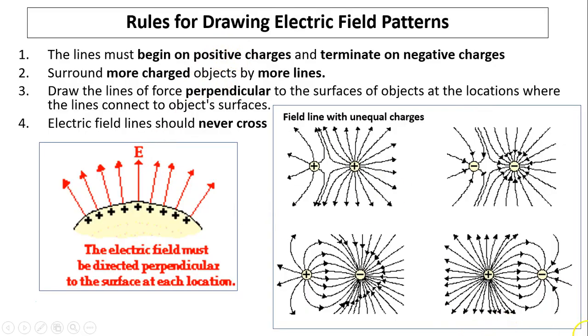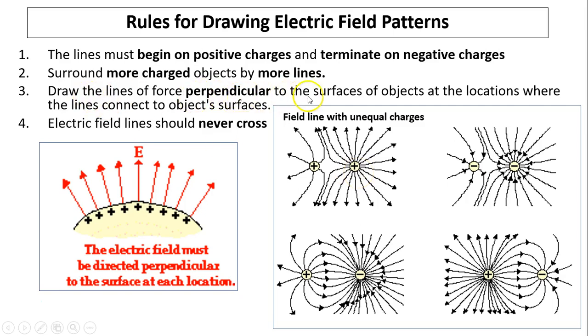How do we draw this field? Besides it going away from positive and coming toward a negative, the line must begin on a positive and terminate on a negative charge, surrounding more charged objects by more lines. As you can see in this diagram, we know the charge on the right must have more charge than the charge on the left because there are more lines.